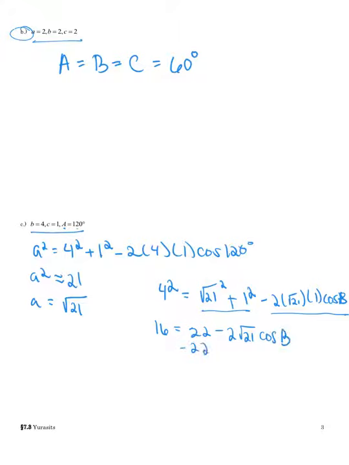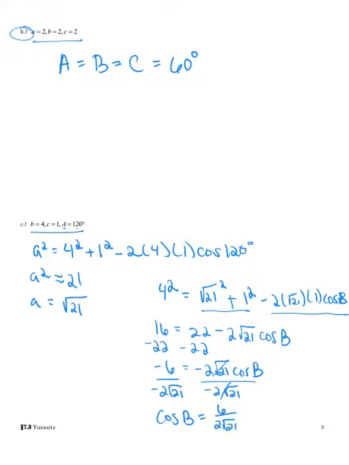Take away the 22, you get negative 6 equals negative 2 root 21 cosine B. Divide by negative 2 root 21. Do this in your calculator. Okay, so now I have cosine B. I'm just going to leave it as 2 over root 21.